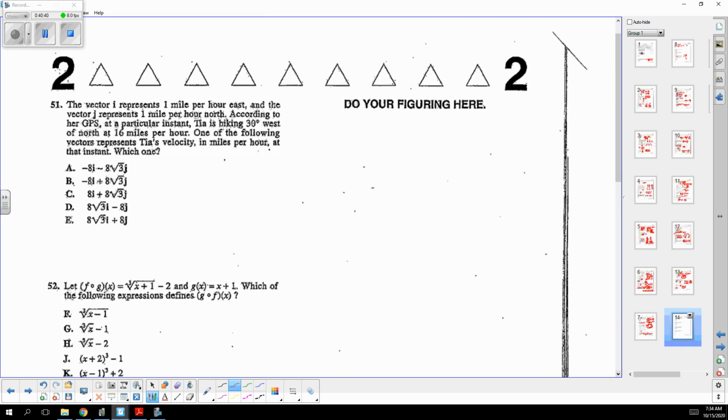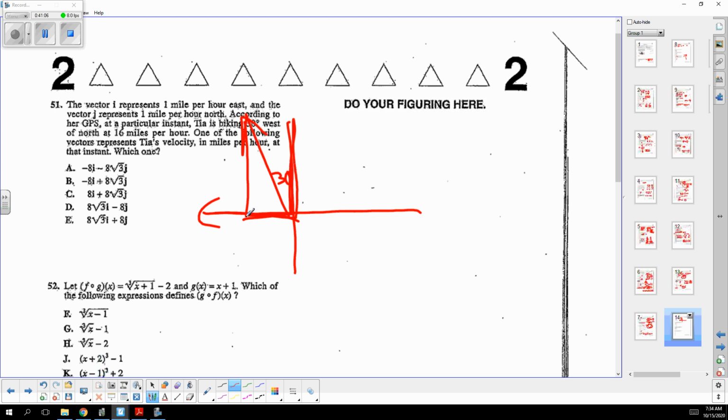This one is tough, but if you think of yourself as going 30 west of north, so this is straight north, that's west, so you're 30 degrees west of north. So your vector is going to be a negative and a positive.